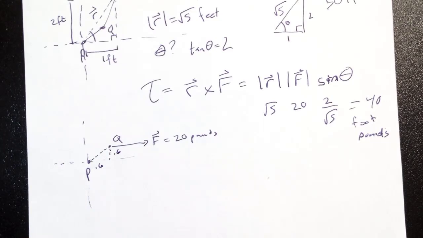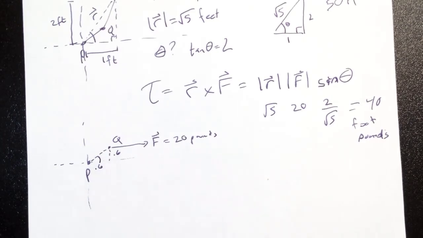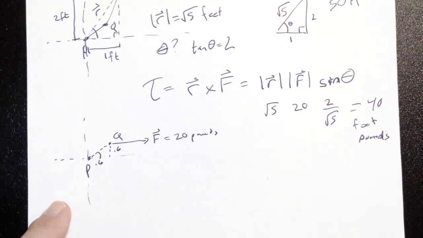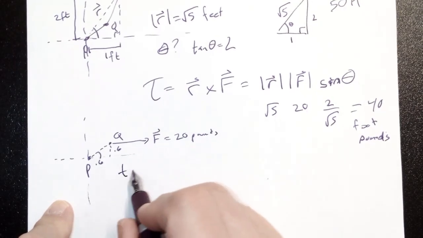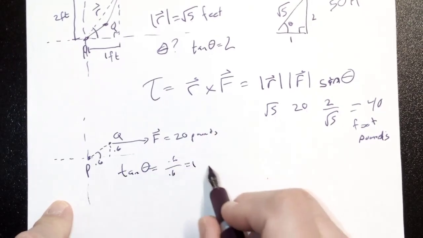Wait a minute. I know the angle. What's this angle? That was up here. I'm down here now. Right, because tangent of theta is equal to 0.6 over 0.6, which is 1.